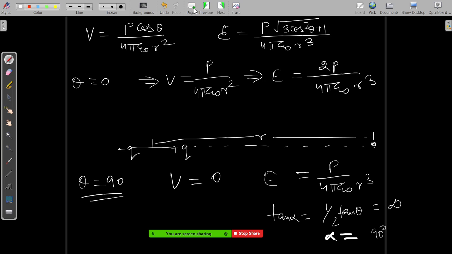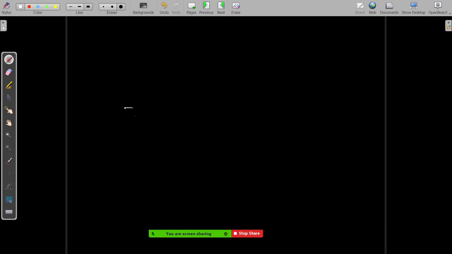So this basically means that if you want to find at a point P where theta is equal to 90 degrees, this is very obvious also. Theta equal to 90 degrees means this one. This was your theta. At this point we have already found the potential. The electric field is here due to this, and the electric field is in this direction due to the positive charge.